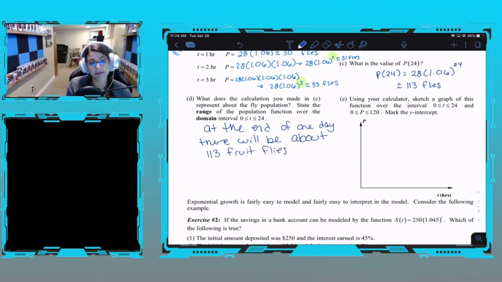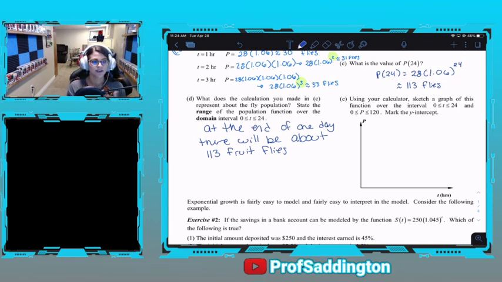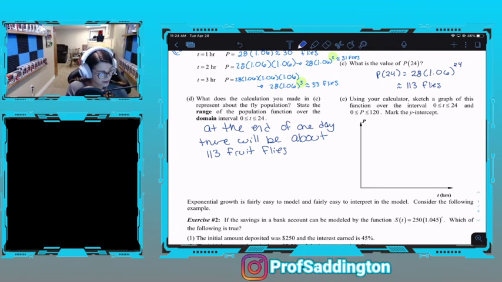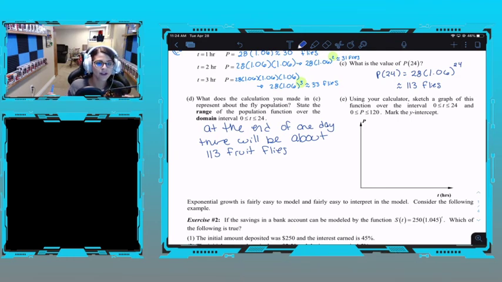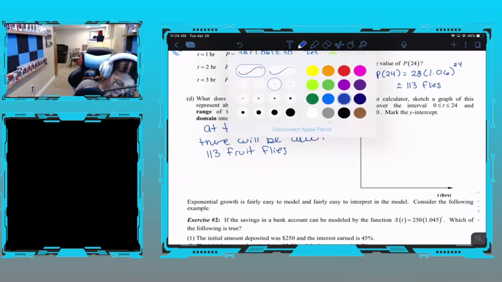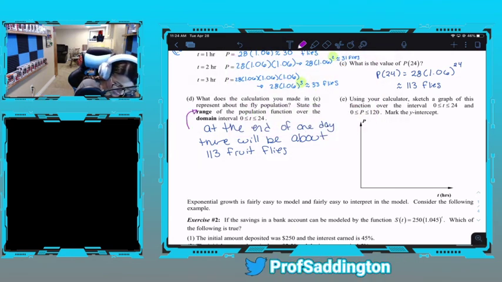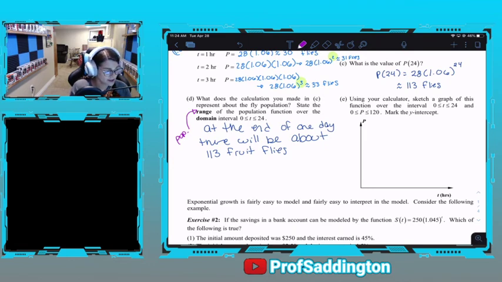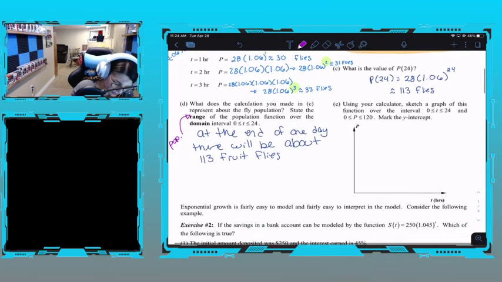Now, the domain represents your x, which in this case represents time, because time is always your independent variable. So between 0 hours and 24 hours, we have to think about how many fruit flies. What was the population? So here in this case, the range is representing population. So at 0 time, how many fruit flies did we start with? Well, if we look up, we started with 28 fruit flies.